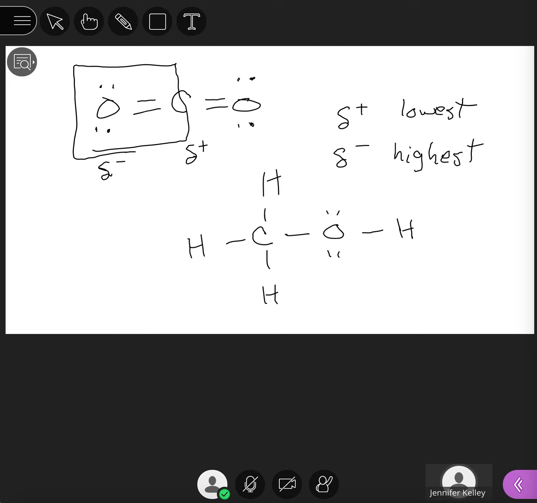So you have some carbon-hydrogen bonds, a carbon-oxygen bond, and an oxygen-hydrogen bond. So you would need to get the electronegativity values for oxygen, hydrogen, and carbon.